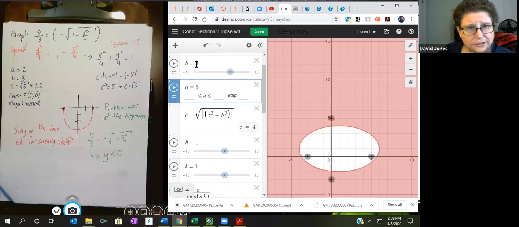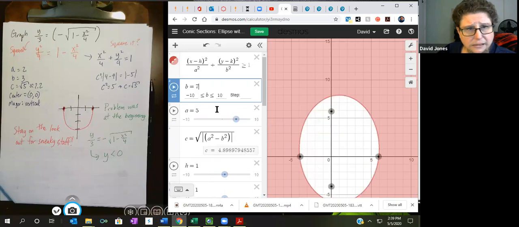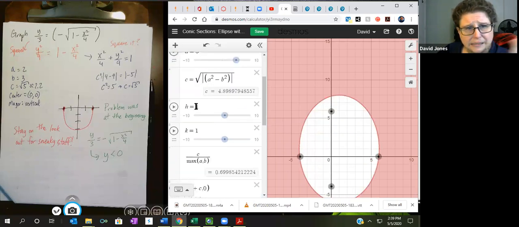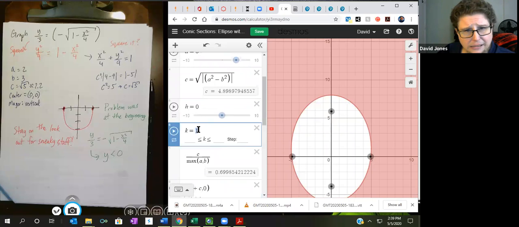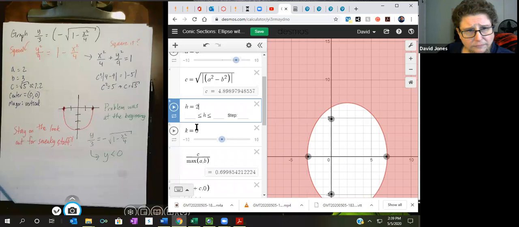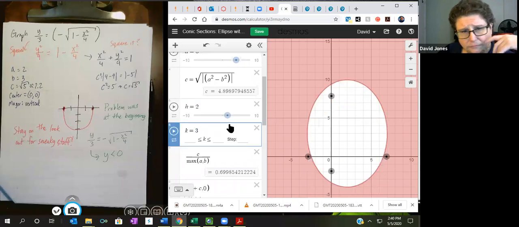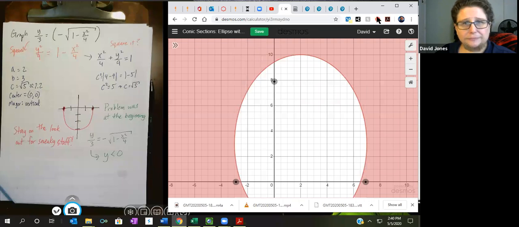Let's change these values. Make these 0 real quick. That works. As soon as they're different, something's not right the way I got Desmos set up. So maybe we'll have to ignore Desmos on that portion for a little while.